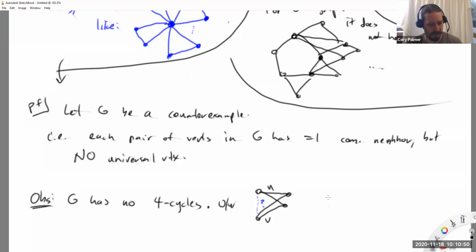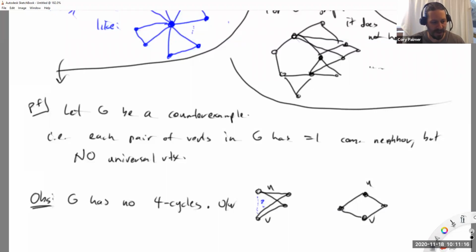If you have a C4, a cycle of length 4, then the 2 opposite vertices, U and V, or X and Y if you like, have 2 common neighbors. That's exactly what a C4 is. Actually, in disguise, this picture is easier to see. A cycle of length 4 is a complete bipartite graph with 4 vertices, 2 on each side. It's the same graph.